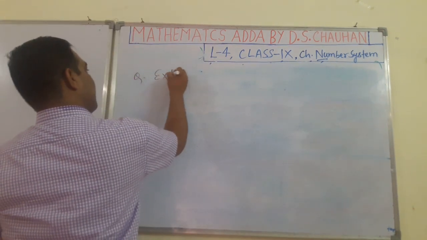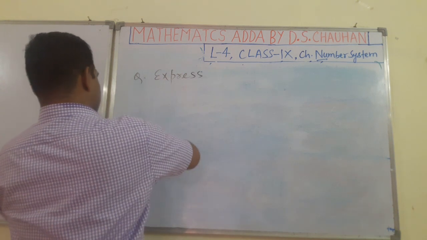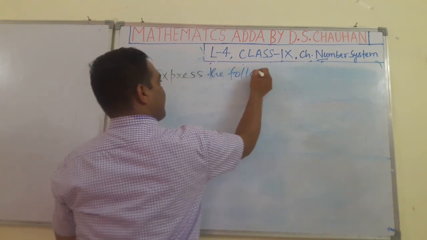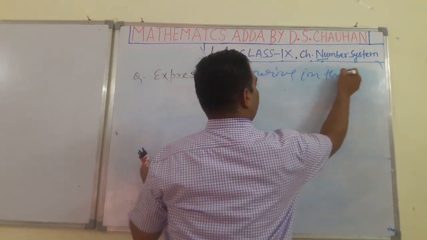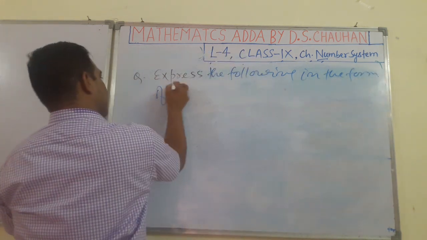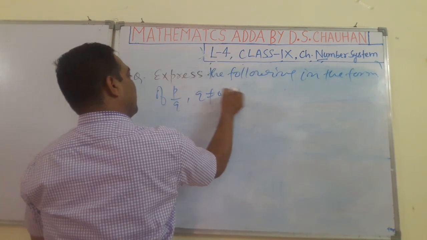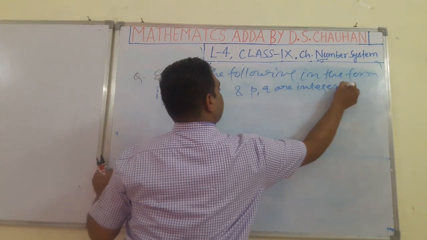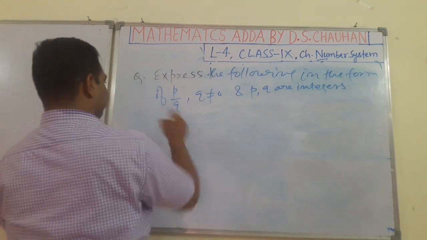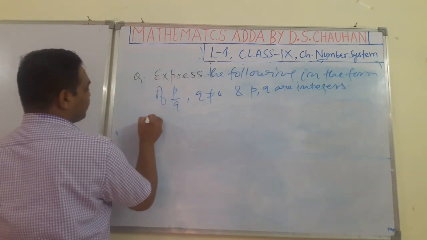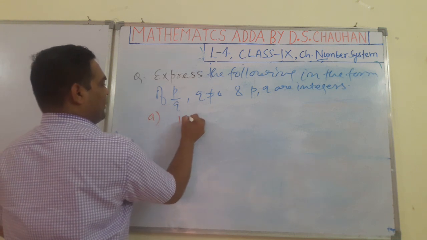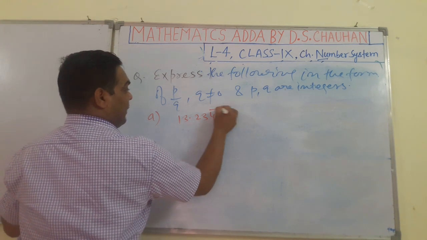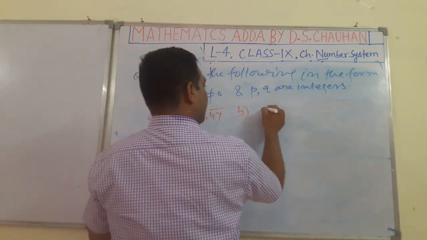Question: express the following in the form of p by q, where q is not equal to 0 and p, q are integers. These are questions in front of you, students. Question number 1. This is 13.2347 bar.